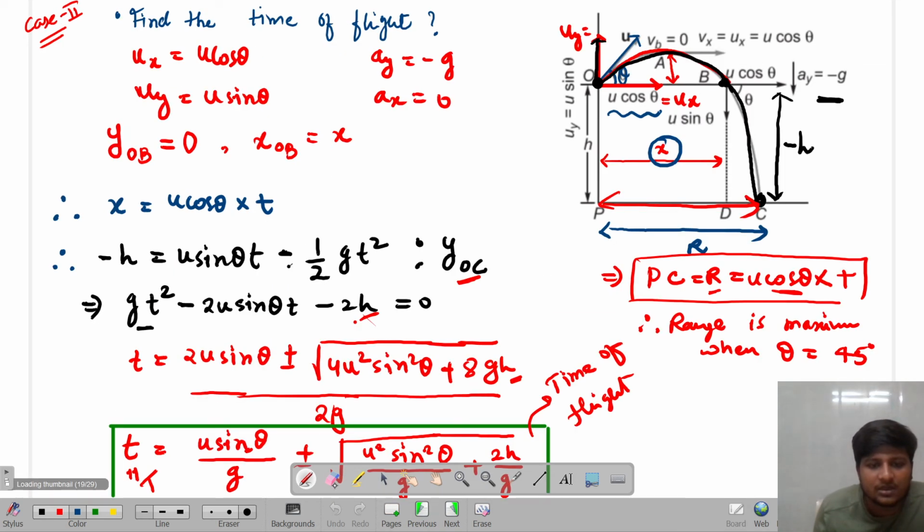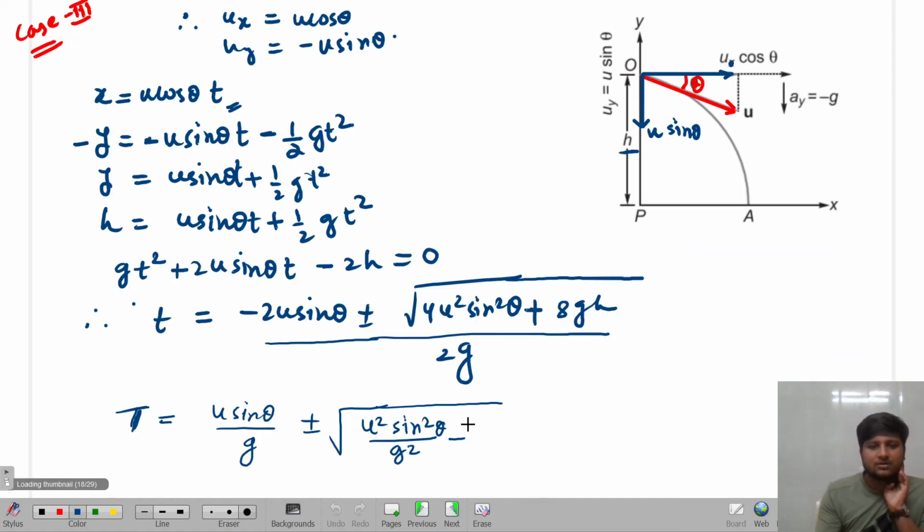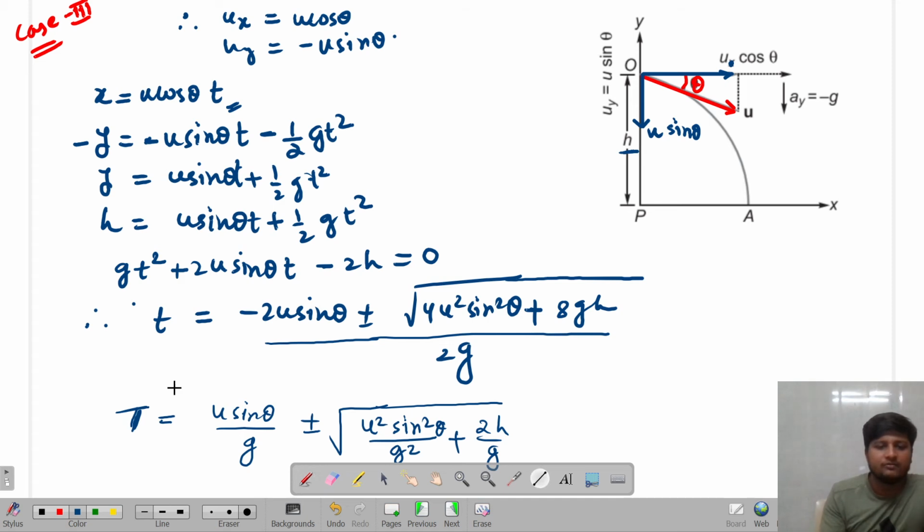In this equation I had taken only g, but with u square sine square theta there will be g square over here, right or not? This is your total time of flight for the particle, which is again traveling in case 3.